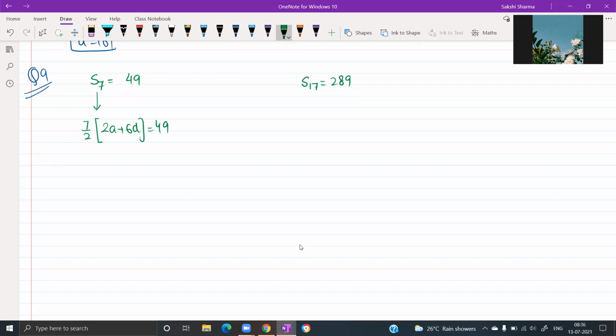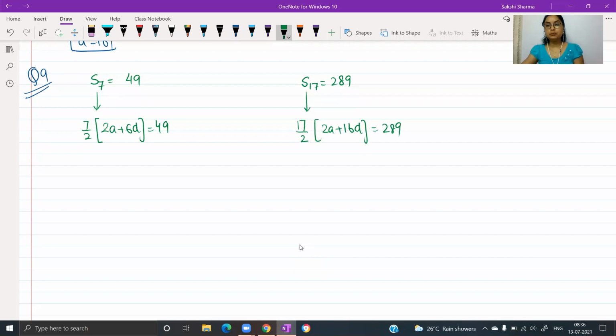All right. And what about S17? S17, 17 by 2, 2a plus 16d is equals to 289. That's right. So these are the two equations which seem to be linear equations in two variables. Is that correct?